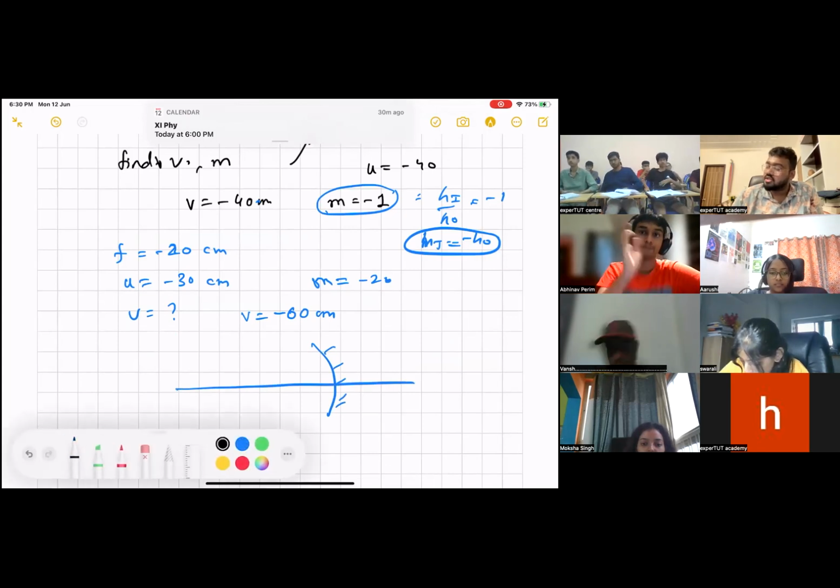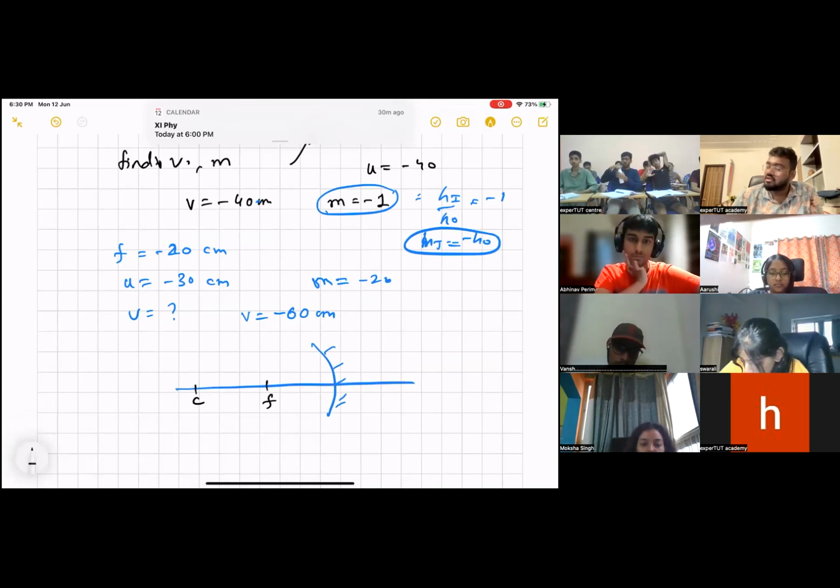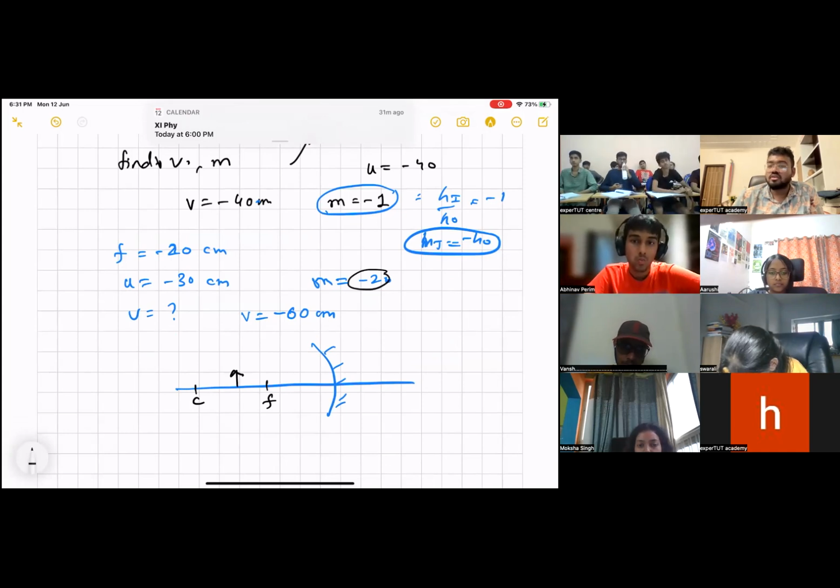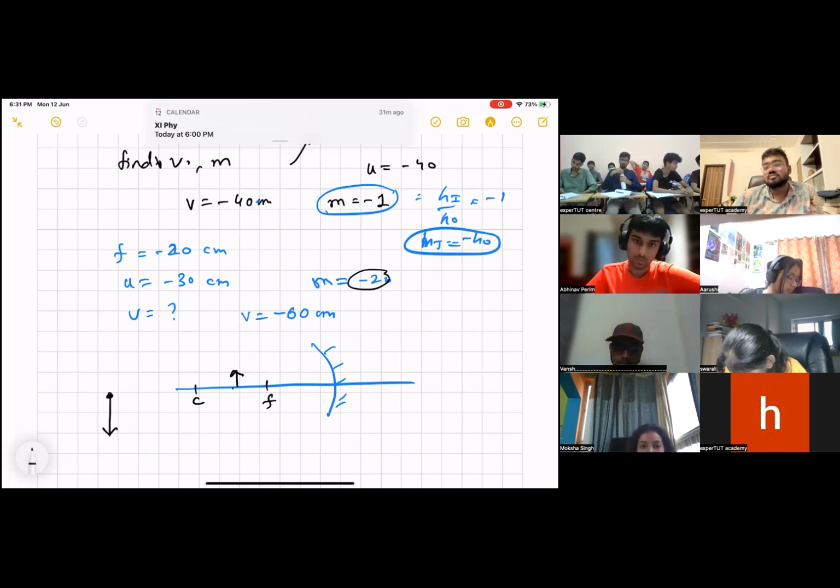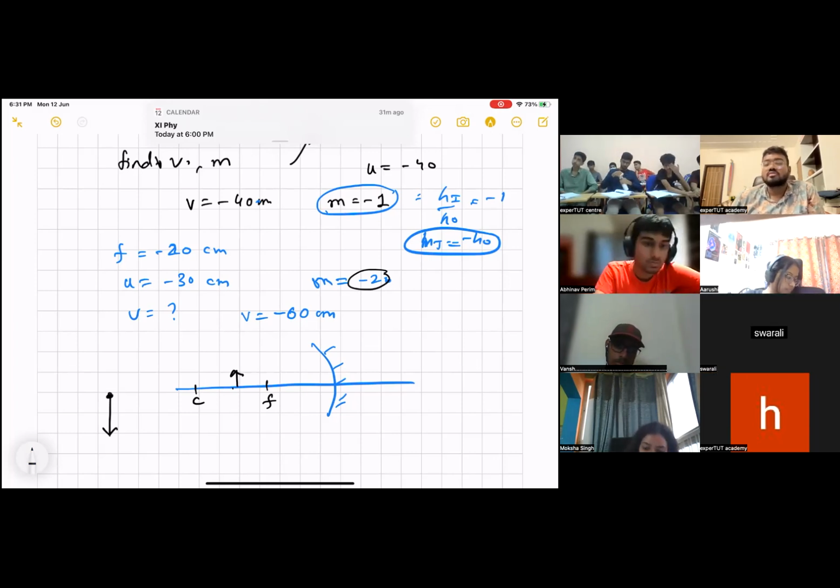So your object is at F, and then you have C. Object is at -30 somewhere here, and the magnification is -2, so it is down, reversed, and the image is at 60, double the distance of 30. Understood? Okay, is it a real or a virtual image? Real. It is inverted, so it is real. Okay, fine.